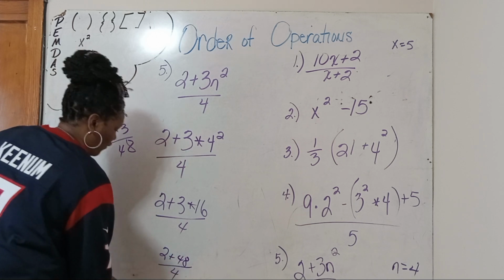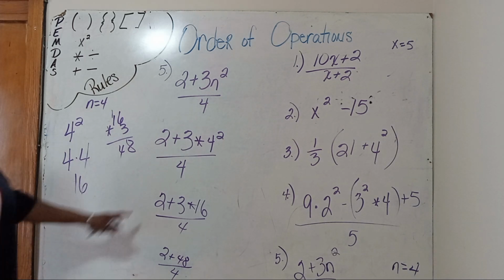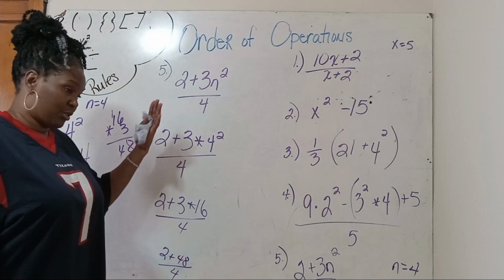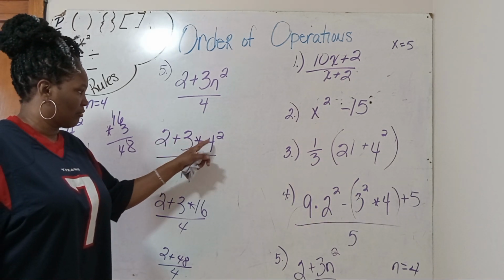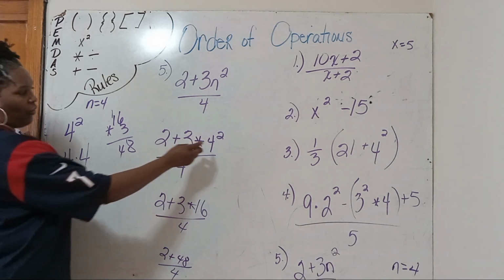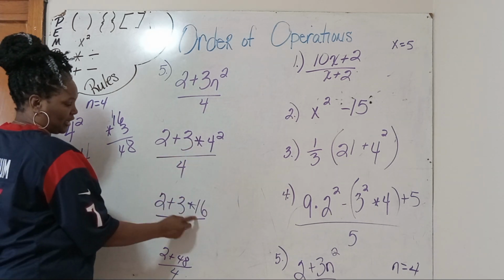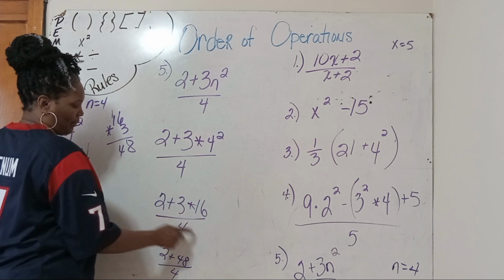over 4. Y'all see how we came up with that? Because we're just bringing everything down. We got 2 plus 3 times 4 to the second divided by 4. I found what 4 to the second is, which is 16. 2 plus 3 times 16 divided by 4.